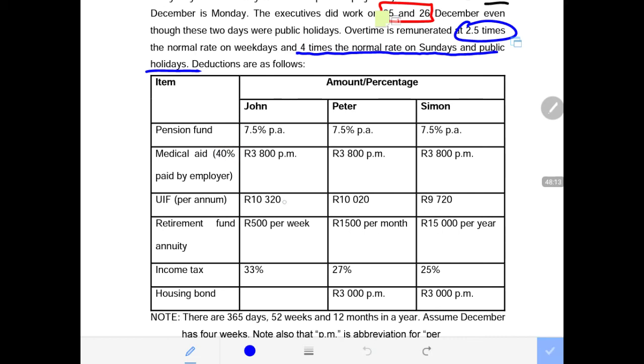The employer also contributes the same 1%. And the employer normally contributes the same amount to the pension fund as the employee. So the pension contribution by the employer, plus the 40% by the employer, plus the 1% by the employer in each of these employees.